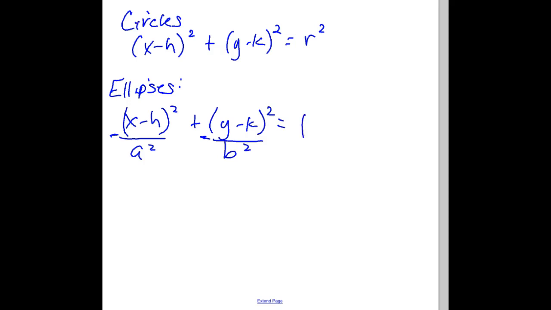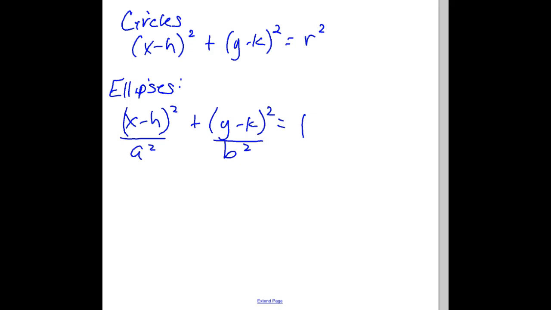Okay, so in this case, what does the h and k stand for? Center again. What does a stand for? And I get that answer a lot. A is not your vertex. If I said a is 5, you're not going to say my vertex is 5, right? What is a really giving you?